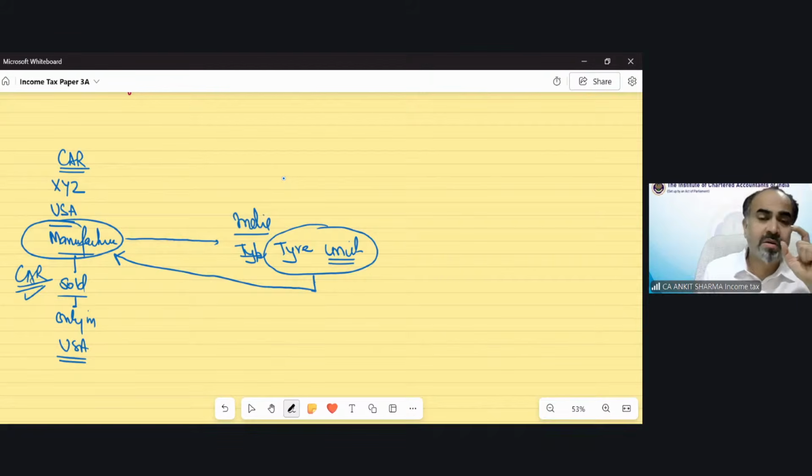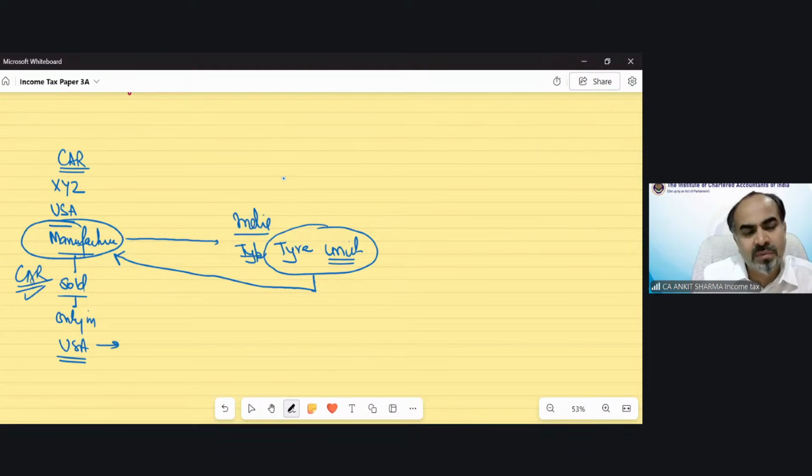Only one processing has been conducted in India, that was manufacturing of the tires. Even the tires are not sold in India. After manufacturing, the tires went outside India for assembling, etc. Now they complete the finished goods, they complete their car, and they sold that car in USA only.